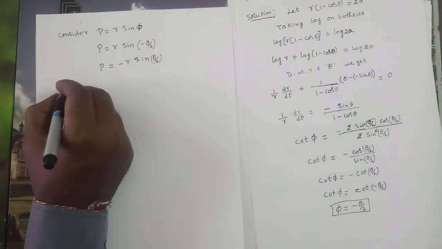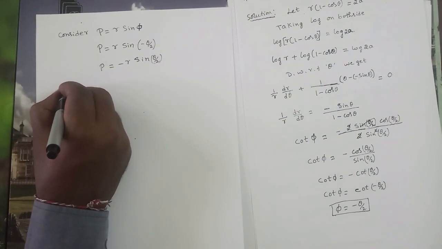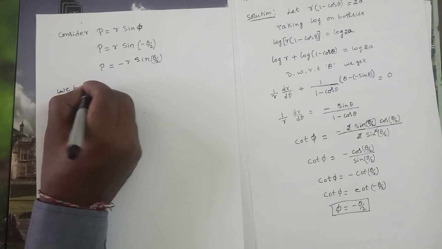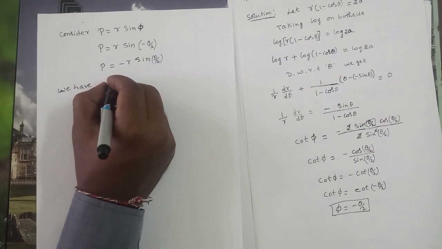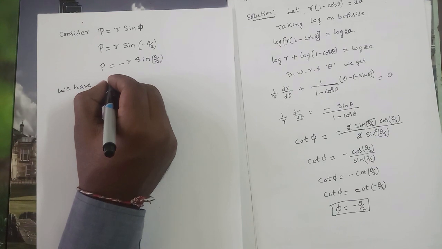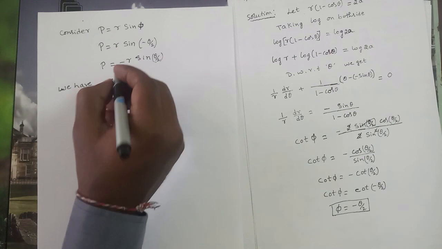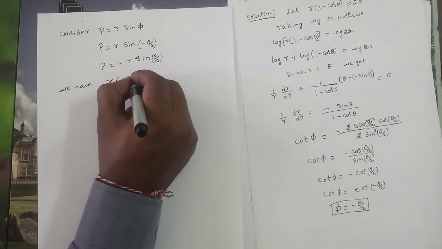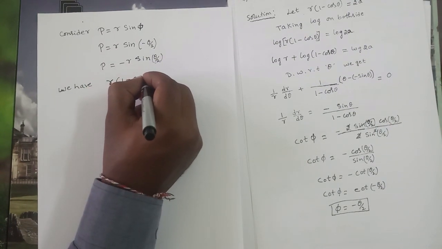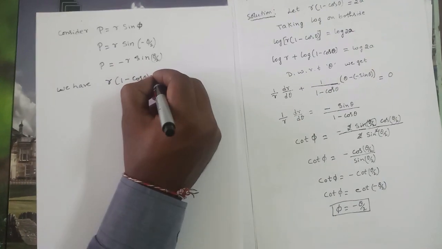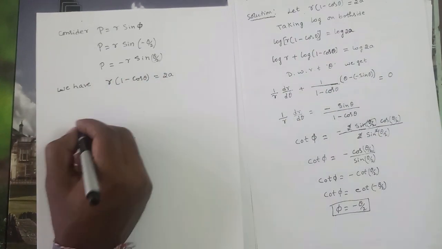So now we have an equation. What is the equation we have here? R into 1 minus cos theta is equal to 2a.